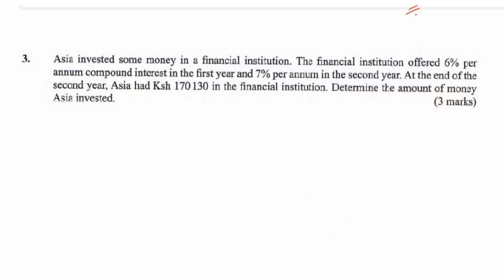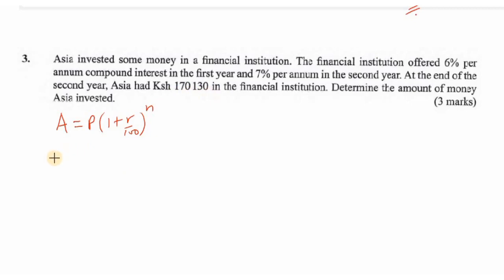So what we are going to do here is we need to identify that we are going to use the compound interest formula, which is given as amount is equal to principal into 1 plus the rate over 100 raised to n for the period. So in this case, we are already told that the amount accrued at the end of the second year is 170,130.